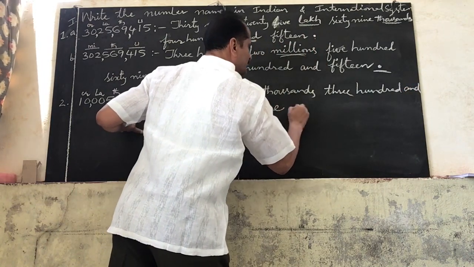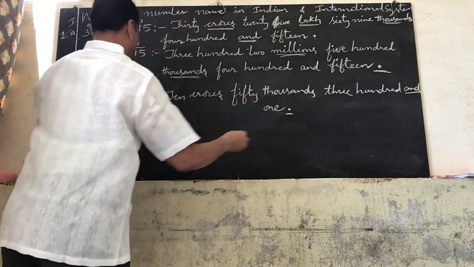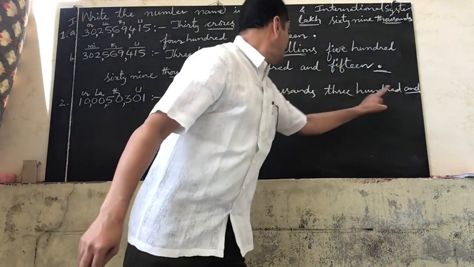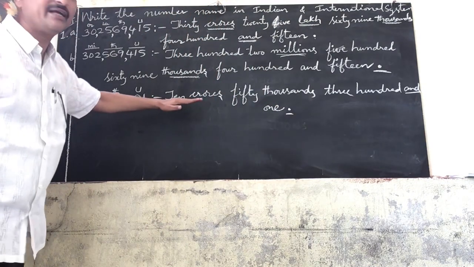O-N-E. Full stop. So "and" is the third point, full stop is the last point, all small letters and first capital letter. These are the 4 points: 1, 2, 3, and all small letters is 4. So this is writing number name in the Indian system.